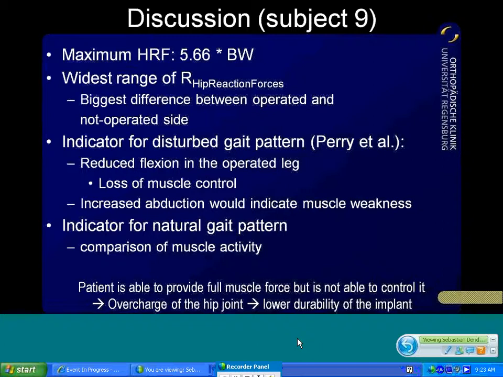The indicator for natural gait pattern is actually the compared muscle activity, the EMG measured against literature data. So, the patient appears to have a natural gait pattern, but still has very high hip reaction forces. Why can that be? Actually, the patient is able to provide full muscle force, but is not able to control it. So he overcharges the hip joint, which will result in a lower durability of the implant.